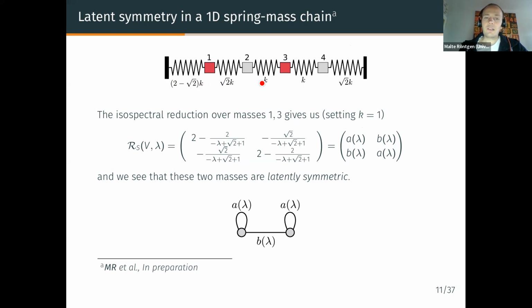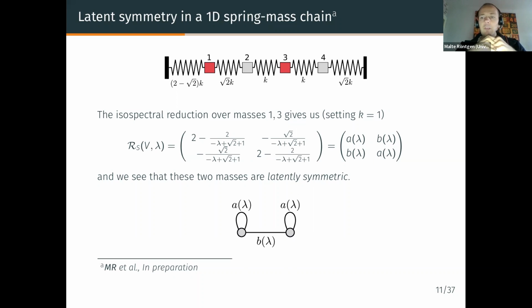Now, of course, if you go to a larger system, you might say, and this is correct, it will be very difficult to find analytical expressions and probably even to find something numerical. And this was something which really bothered us when we started this research on latent symmetries, and we were desperately looking in the literature, in the graph theoretical literature, for what one could do.